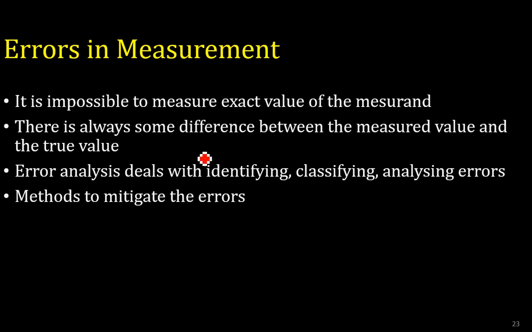There is always some difference between the measured value and the true value, and the error analysis deals with identifying, classifying and analyzing these different errors. So we'll be classifying the errors into different types and we'll analyze them, and also we'll look at some of the methods to mitigate these errors. Okay, so these are the topics that are included in the current lecture.